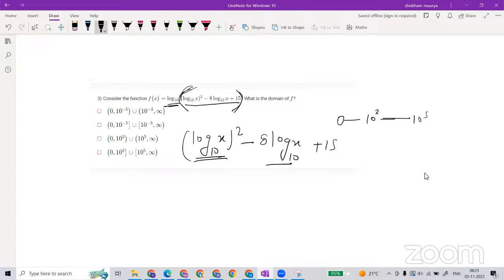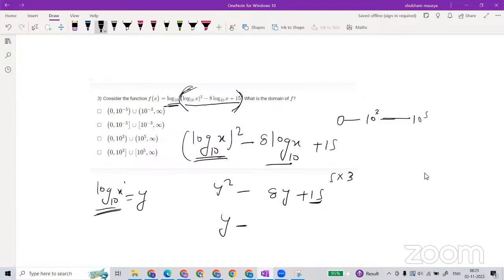This is a quadratic in log base 10 x. If you assume this is y, then this is y square minus 8y plus 15. And this is going to be y minus 5 and y minus 3, since 15 factors as 5 times 3 and the sum is minus 8. So this is going to be y minus 3.